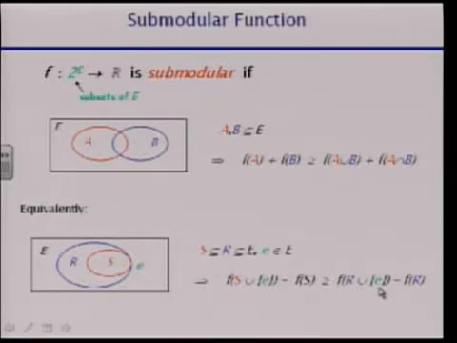The information aggregation actually satisfies this kind of property, where the marginal gain is diminishing, meaning that if I already have sensor 1 and 2, and then I add 3, the gain from sensor 3 will be no greater than if I only have sensor 1 and then include sensor 3.